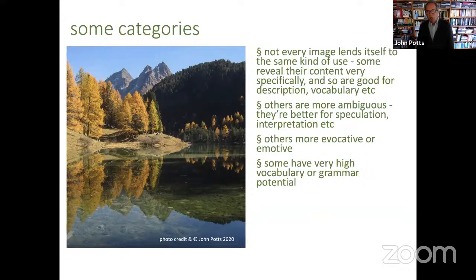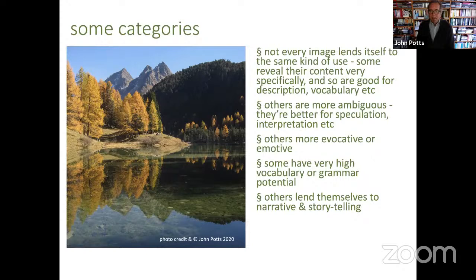Or a picture of a shop might generate lots of vocabulary of all the things that are being sold in that shop. So some pictures are high for vocabulary or high for grammar. So we can see already we've got 4 different ways of looking at categories of pictures: ones that are quite explicit, some that are more ambiguous, some that are more evocative, some that are more language focused, if you like.